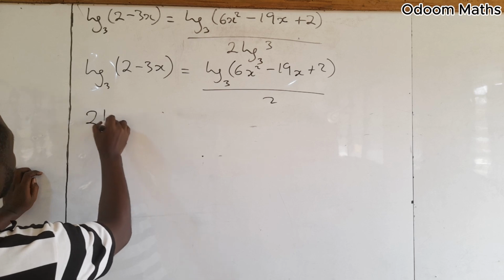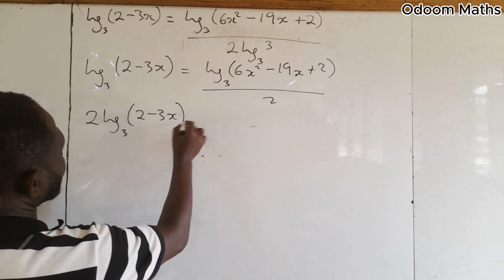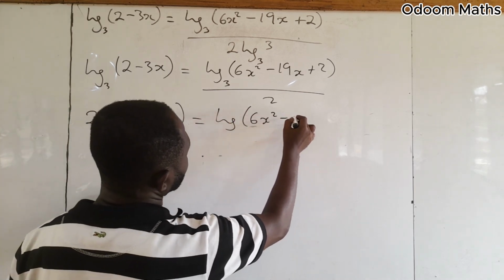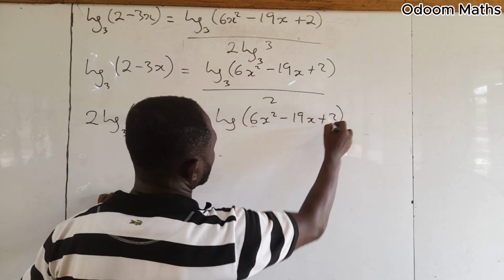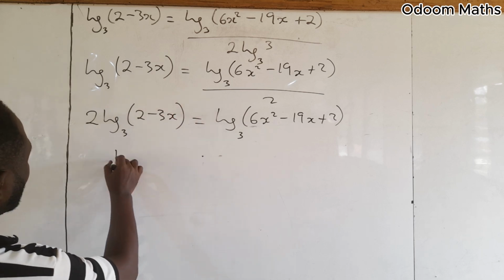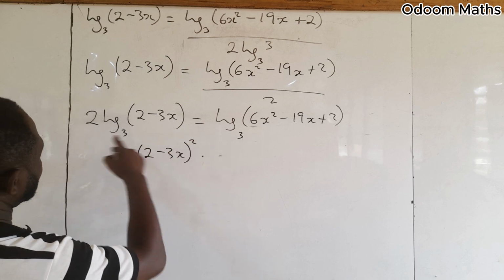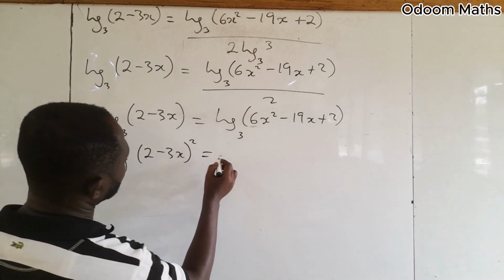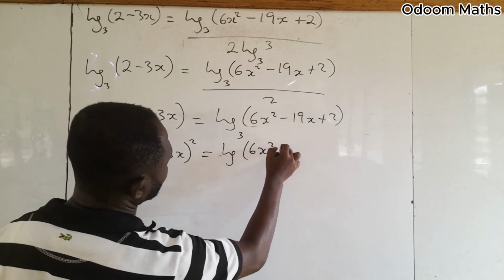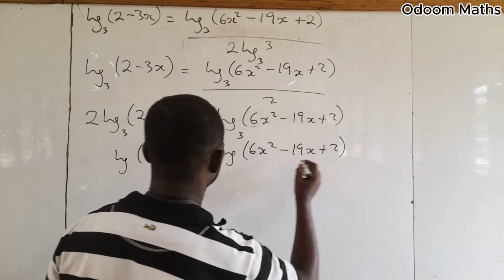So this is 2 log into bracket 2 minus 3x base 3 equals log into bracket 6x squared minus 19x plus 2 base 3. Okay, we can still move this 2 to that side. So log into bracket 2 minus 3x squared, that is those two coming here, is equal to log 6x squared minus 19x plus 2 base 3.